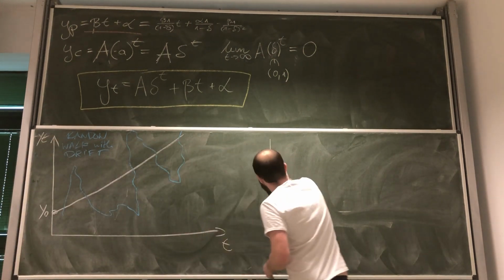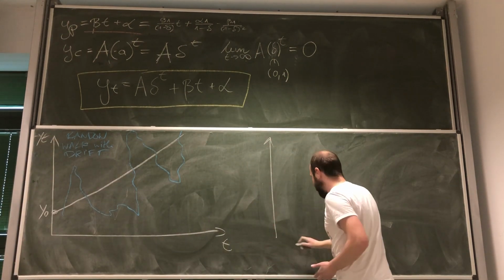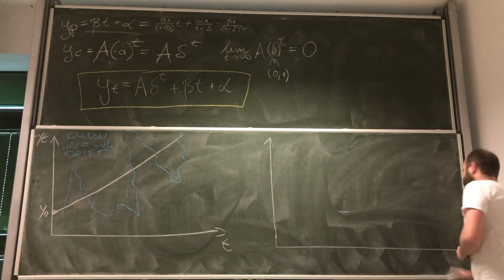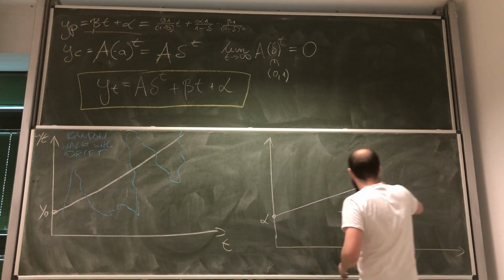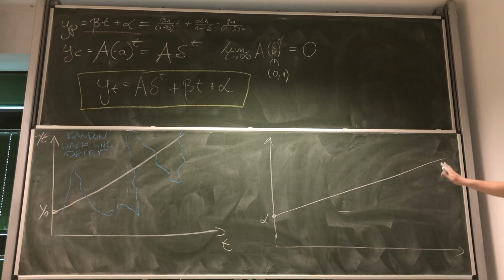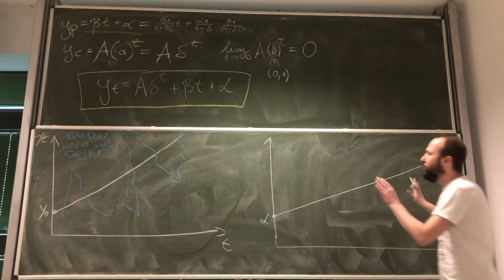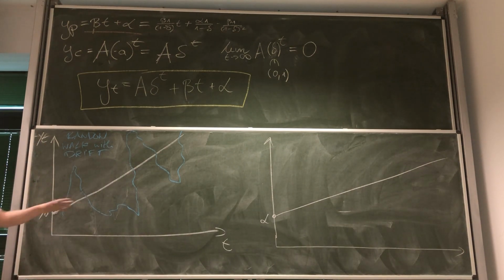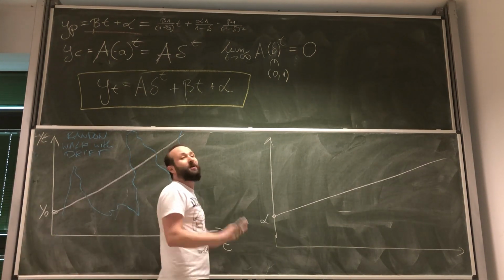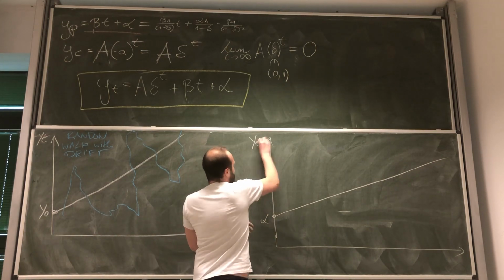Over here, when we now have trend stationary process, we might actually have a time trend that will look exactly like this one. I know you cannot see this in my graph because I drew this flatter, but for a reason.